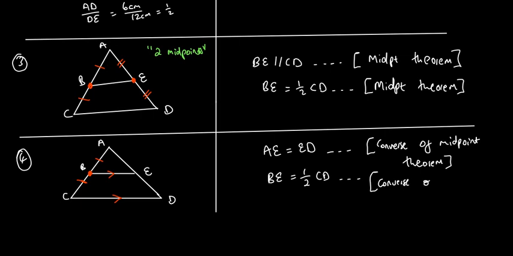Why are we saying converse? We are saying converse because we don't have two midpoints.